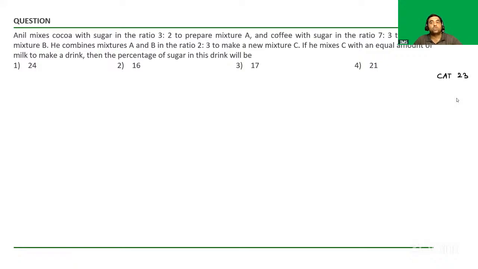And coffee with sugar in the ratio 7:3 to prepare B. He combines mixture A and B in the ratio 2:3 to make a new mixture C. If he mixes C with an equal amount of milk to make a drink, then the percentage of sugar in the drink will be.